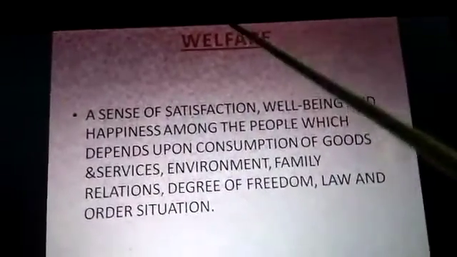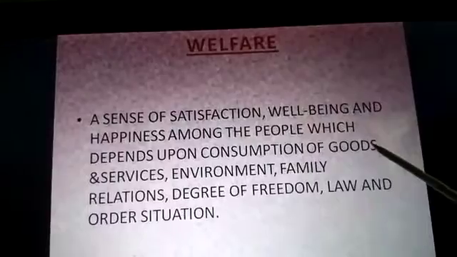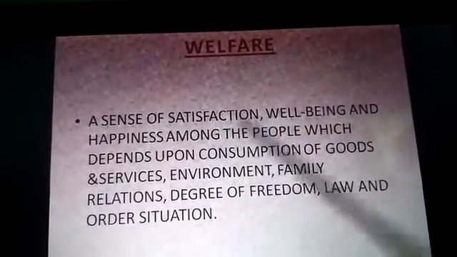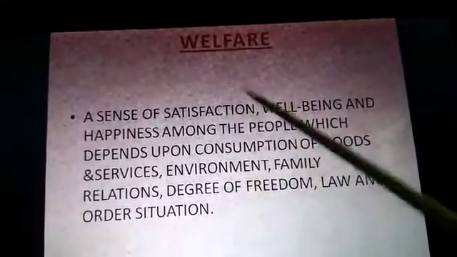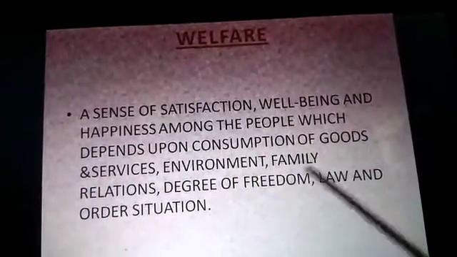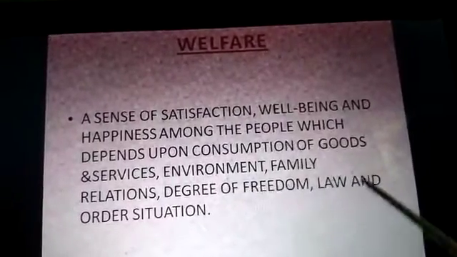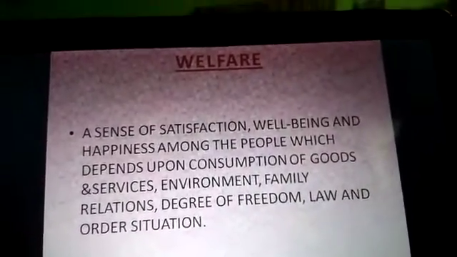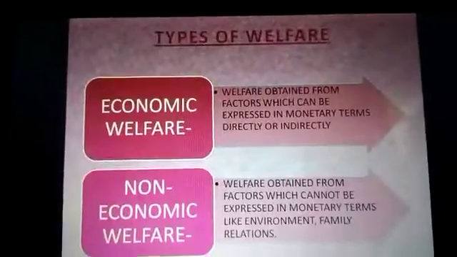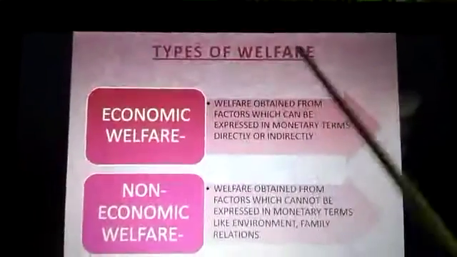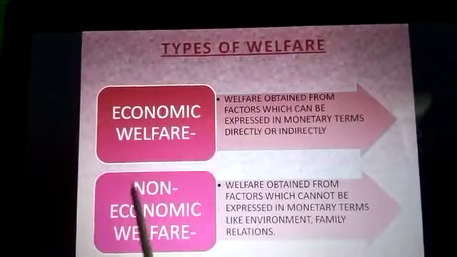Okay, when a person is satisfied by either consumption of goods and services, or according to his environment, or due to his family relations, or from the degree of freedom he possesses, or the law and order situation, that is termed as welfare. Welfare is of two types: economic, non-economic.